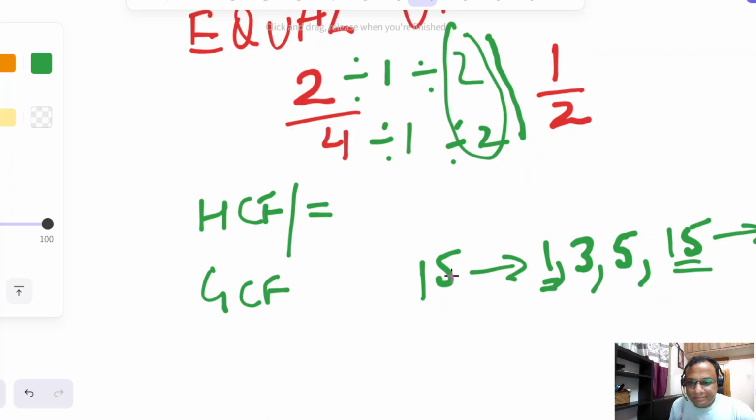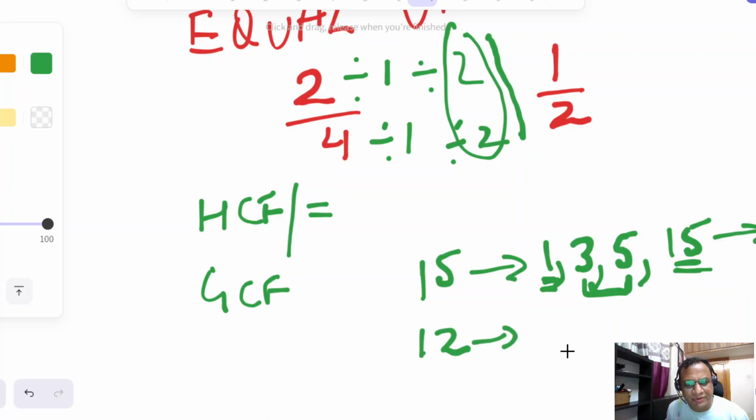So 1 and 15 are default factors, and 3 and 5 we just figured out because 15 comes in the multiplication tables of 3 and 5. So 3 fives are 15, 5 threes are 15. So 3 and 5 are also factors. Now I'll take another example, like 12.